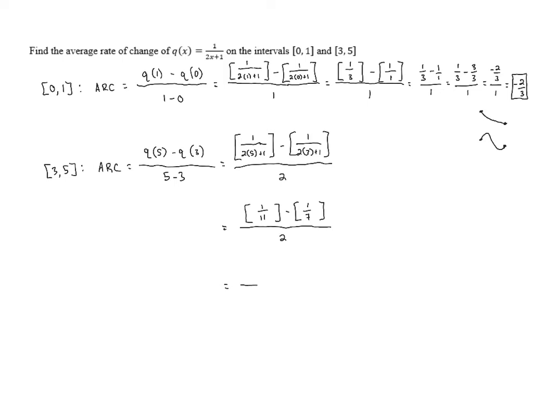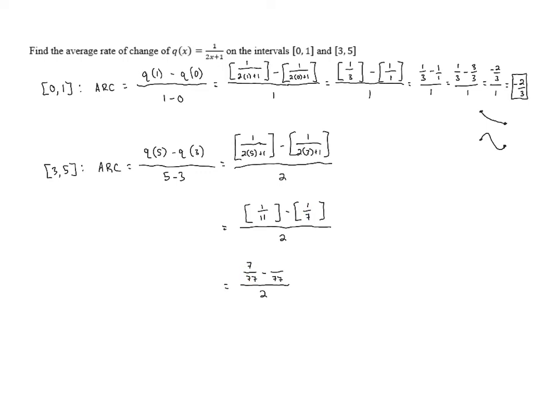To do this subtraction of fractions, we need a common denominator. The common denominator between 11 and 7 is 77. So we want to rewrite these fractions with 77 as denominators. 1/11 is going to become 7/77 because the top and bottom get multiplied by 7.